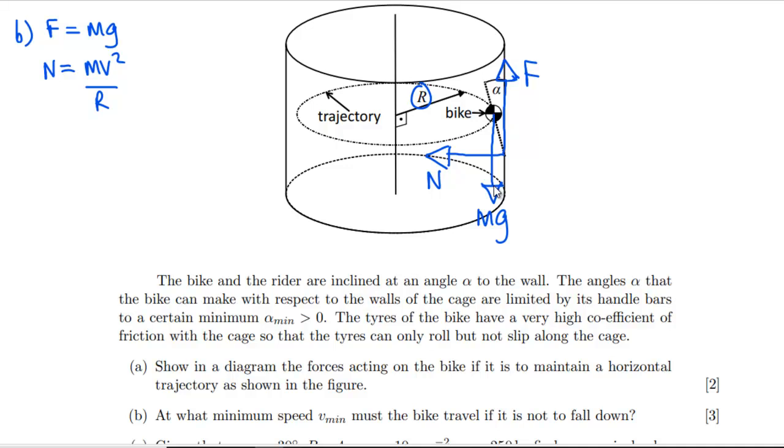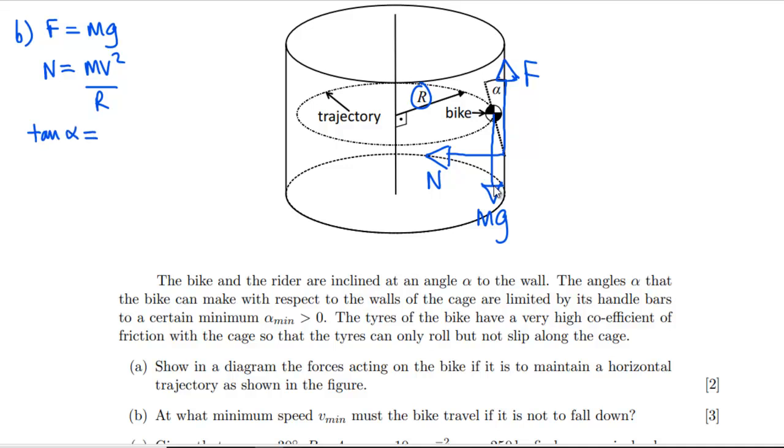We haven't brought alpha into it yet. We're going to want to express V min in things that don't include F and N, ideally. So what are we going to have? Oh, we can do a tan alpha, can't we?